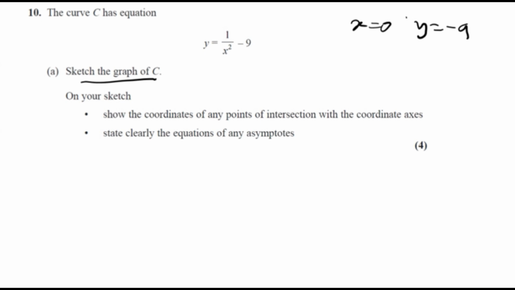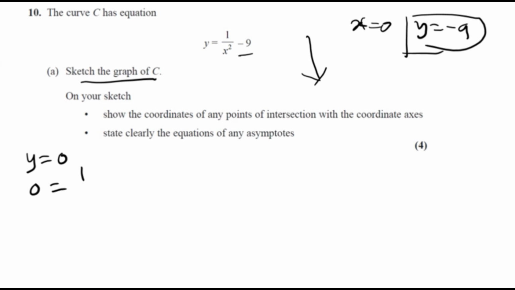So here y is equal to minus 9 is our equation for the asymptote. And as you can see in transformation, because it's a minus 9, it is moving 9 steps down. To find the intersection for the x-axis, we put y is equal to 0.